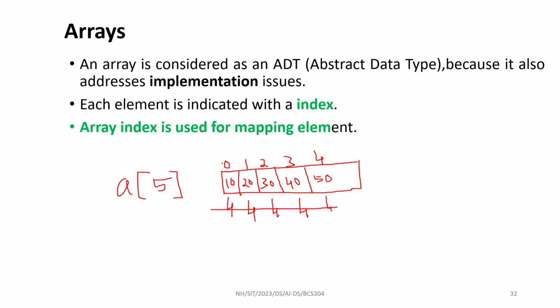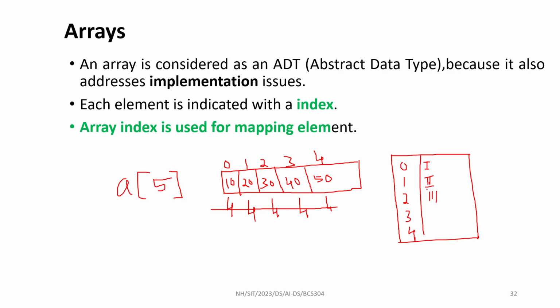Here, the index is used to refer to the element. Array index is mapped to the element. So I can write like this: one column is used to have the index values 0, 1, 2, 3, and 4. So 0 is used to map the first element, 1 is used to refer to the second element, and so on.